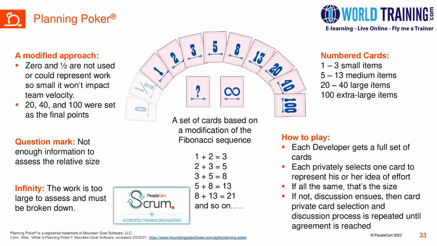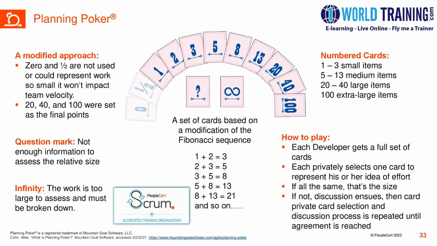The question mark card basically says that if a developer puts it across for any user story, there's not enough information available for them to do the relative sizing. All these Fibonacci series cards are with the respective developers and development team.